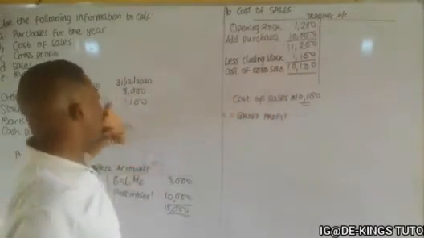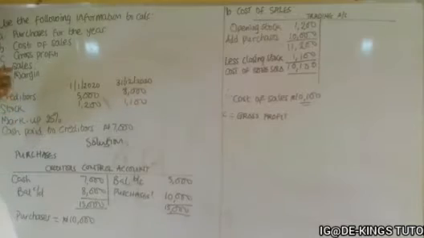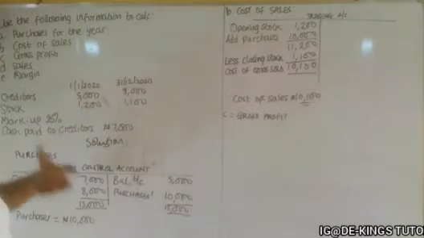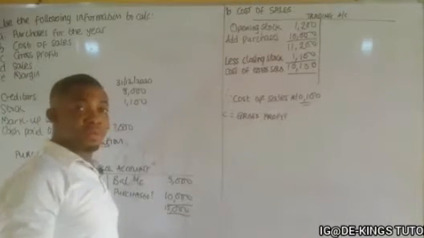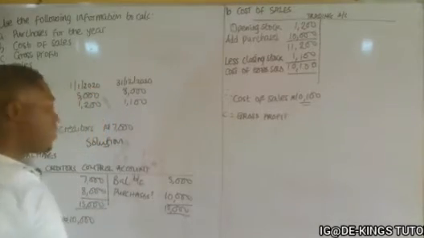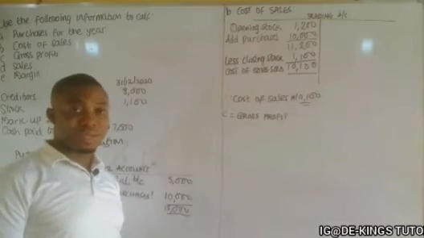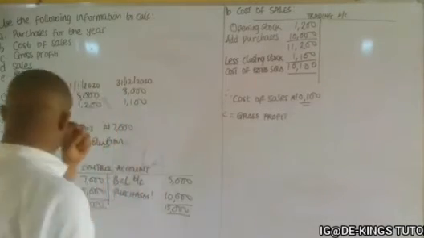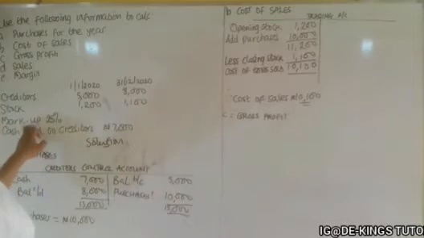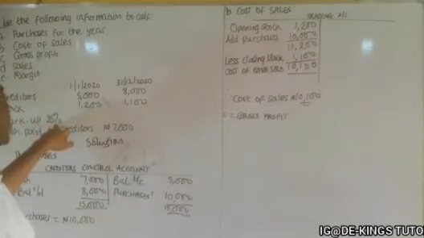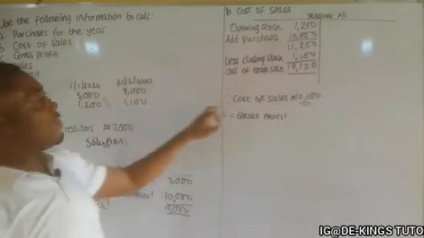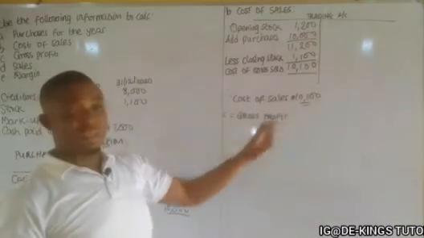But in this situation we don't know sales, because they are still asking us what the sales is. So we are going to use the markup formula. Remember, we said the markup is the relationship between profit and cost price, which is the gross profit. They gave us a markup of 25%, and we already have the cost of 10,100.